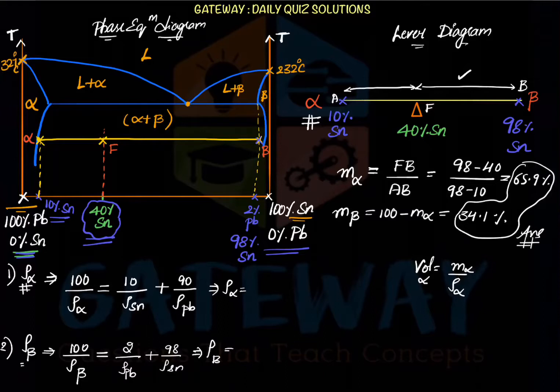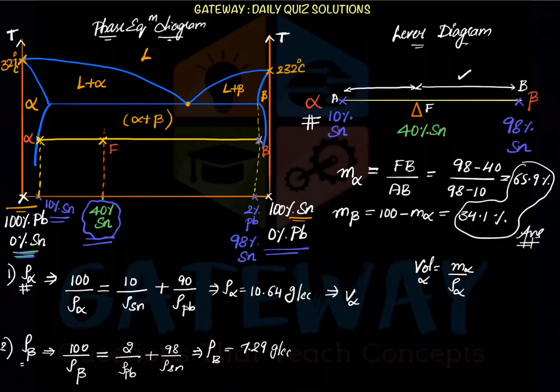For rho alpha we are getting 10.64 gram per cc, and similarly the rho beta value we are getting as 7.29 gram per cc. Once the densities were known, we will calculate the volume fractions.